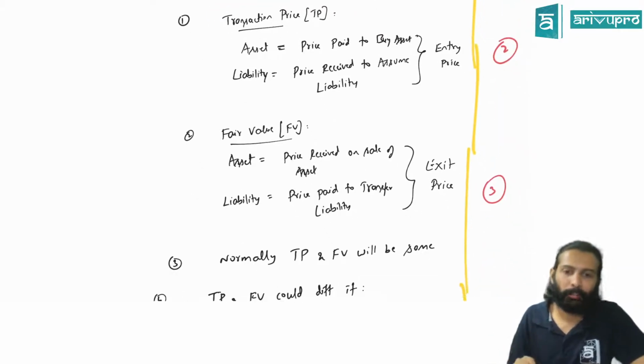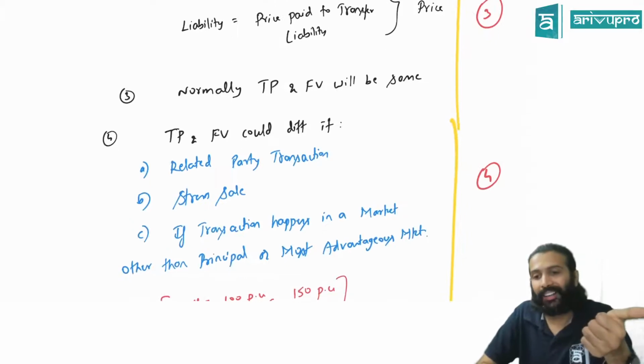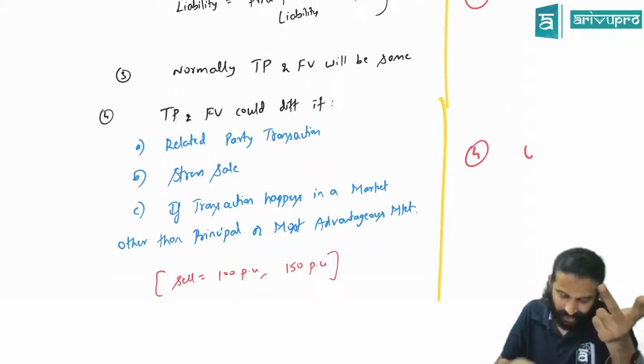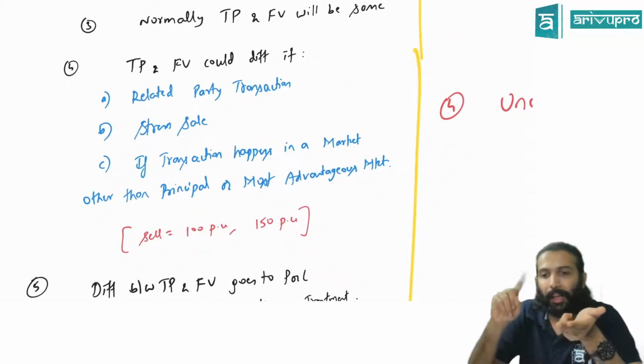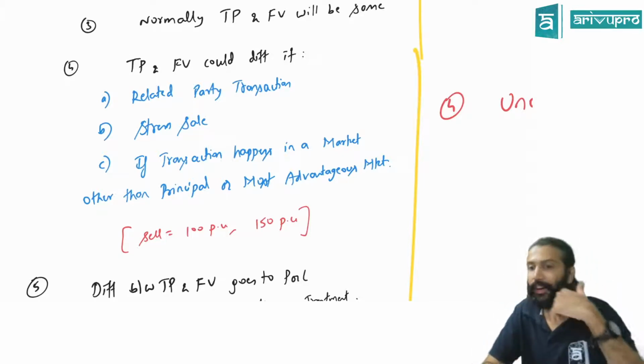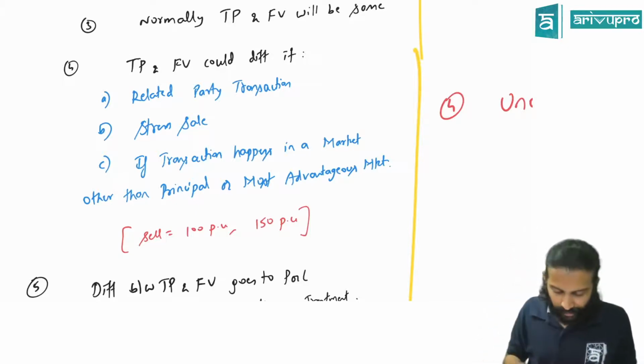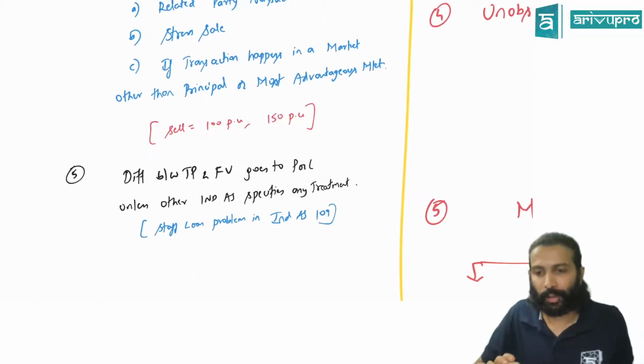The circumstances could be if there is a transaction between related parties, or if it is a stress sale, or if the transaction is happening in a market other than the principal or most advantageous market, like a wholesaler entering into a retail market. There could be a difference between transaction price and fair value, correct? If there is a difference, what does Ind AS 113 say?